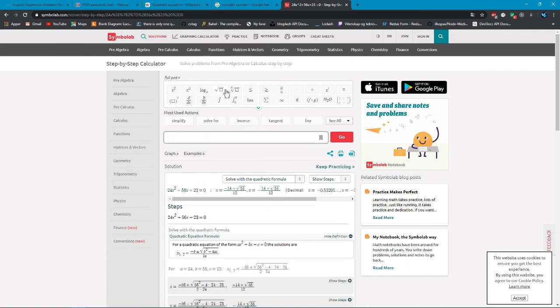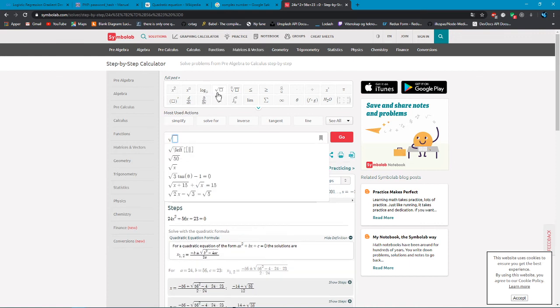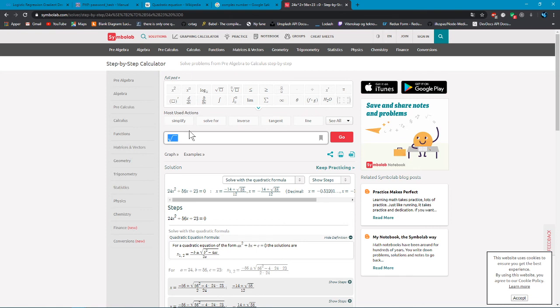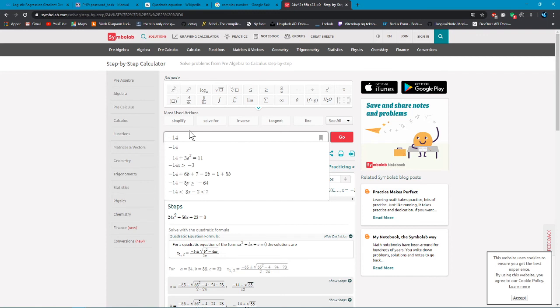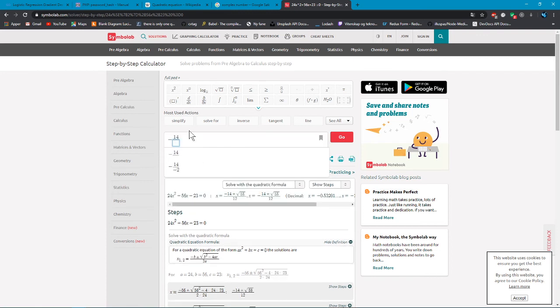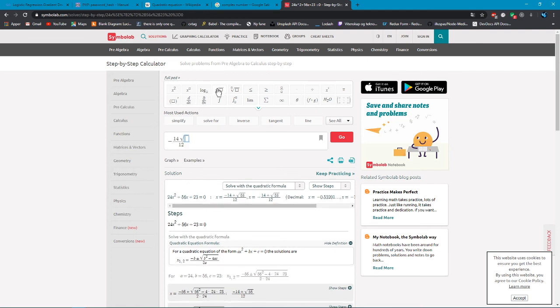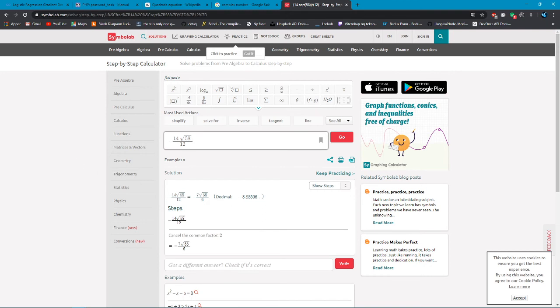If we remove this code, we need to say first 20 minus 13, and then divide that by 12, and then the square root of 58, then we check what we got.